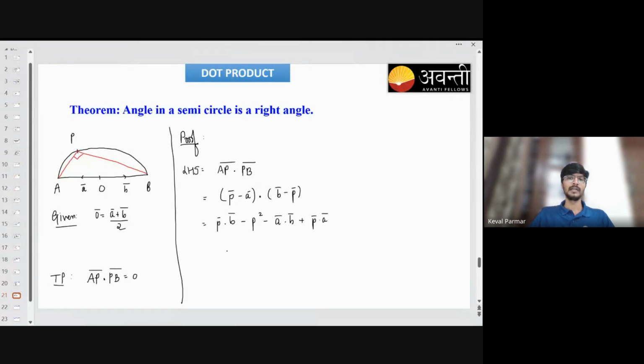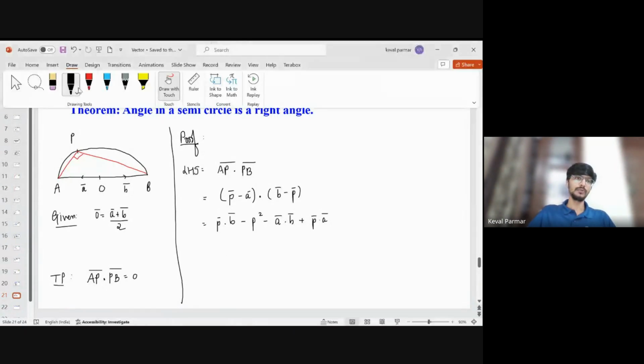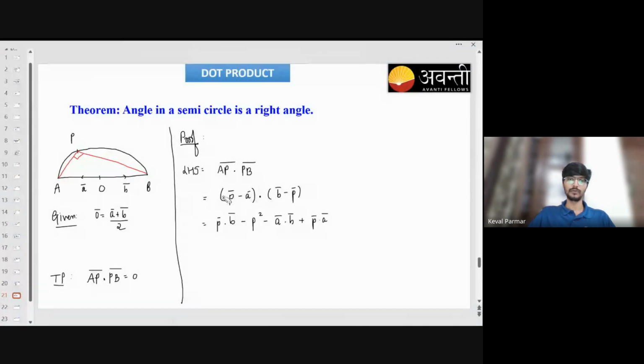Now, I think what we can do here, it's better if we use the triangle law, I think. Let's try with the triangle law here.